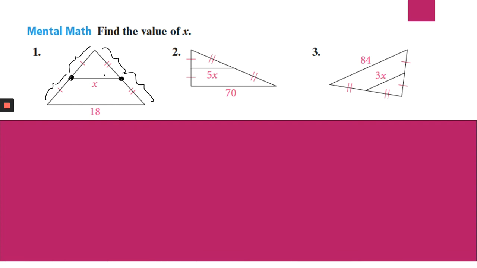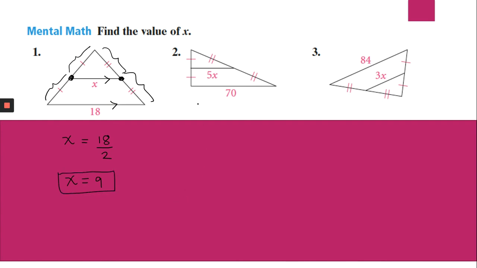So if this is a mid-segment, therefore this is parallel to this, and x is half of 18. How do we get the half of 18? We will divide it by 2, right? To get half of 18, you divide it by 2. So what will be your x? 18 divided by 2 is 9.